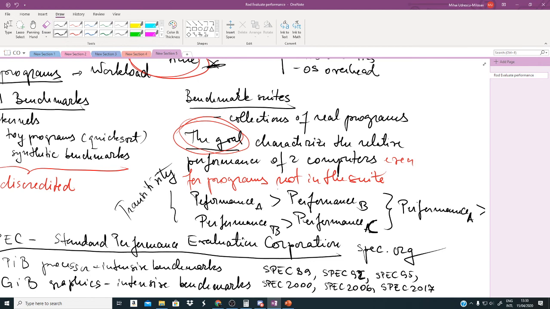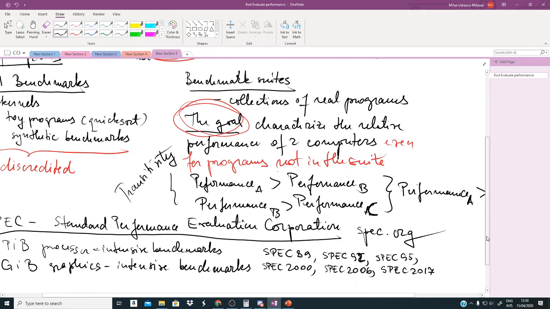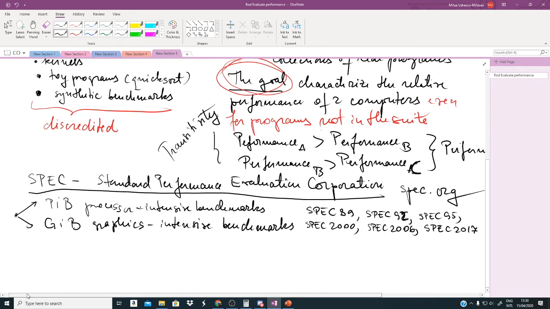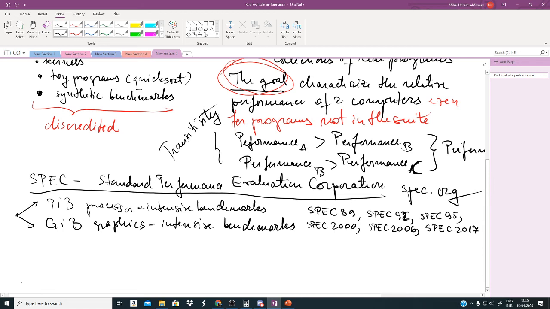And of course, this is a suite of programs, meaning that we have a set of programs. For instance, SPEC 2006 consists of a set of 12, called SPEC int.